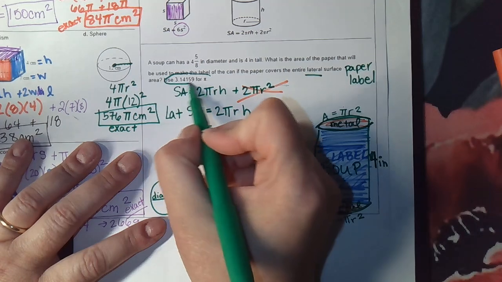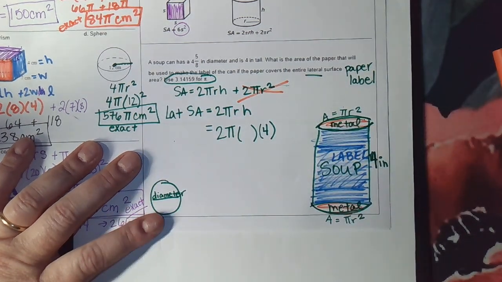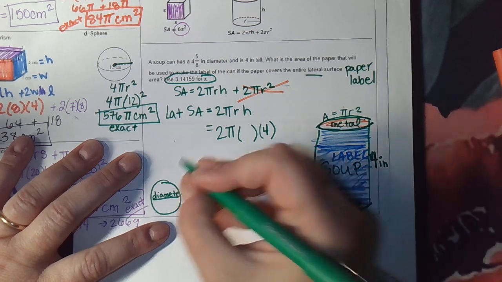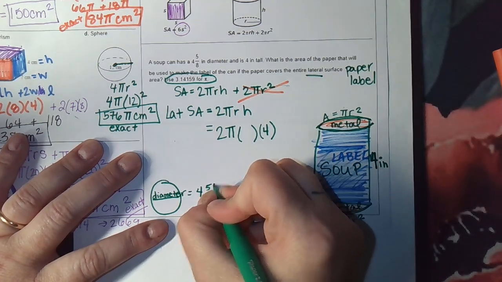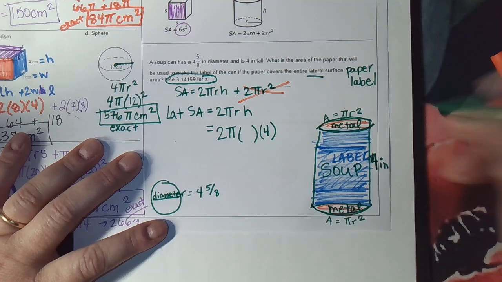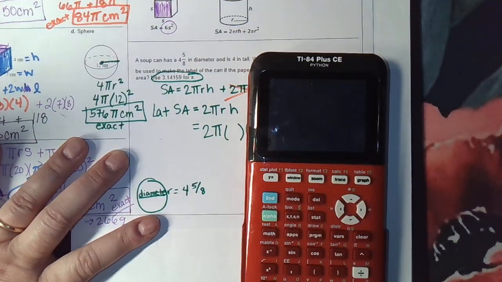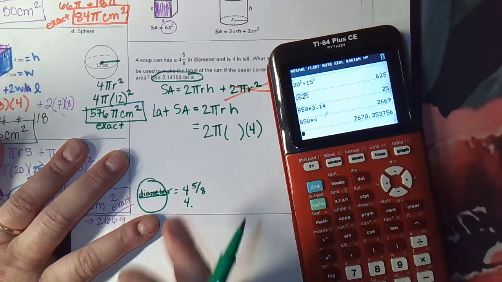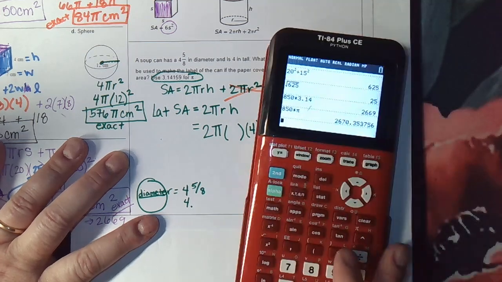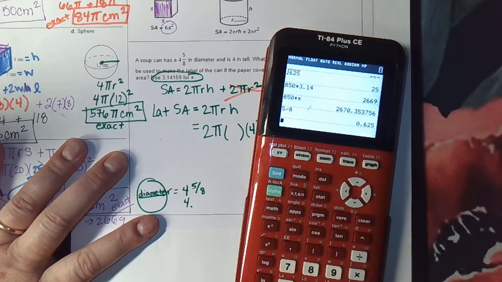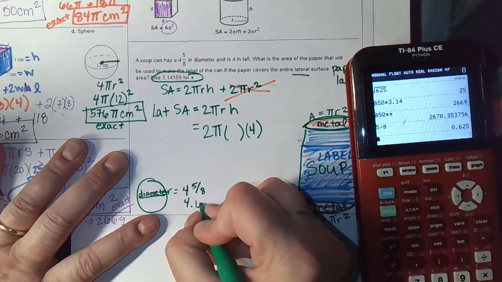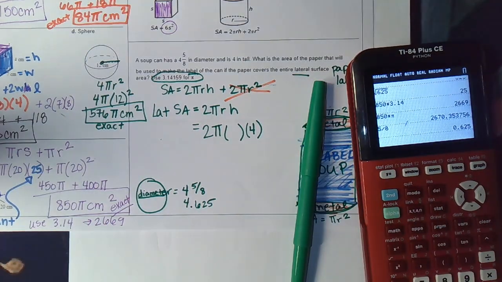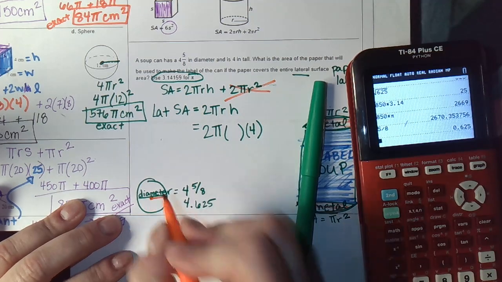And it says use 3.1415 for pi. Okay, so my diameter is 4 5/8. Let's go ahead and figure out what that is as a decimal. The 4 is a 4. The 5/8 means there's a point, because it's a decimal, and then 5 divided by 8 is 0.625. But I want to find the radius. The radius is only going to be half of that.